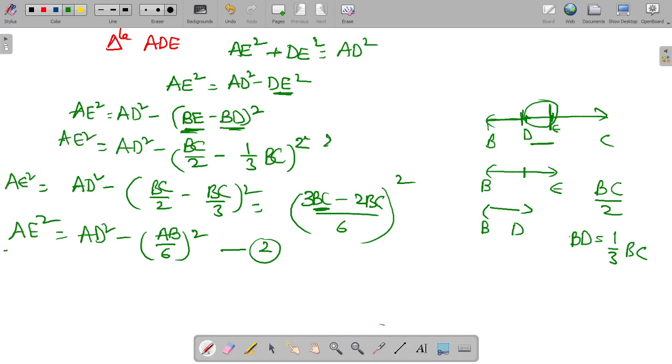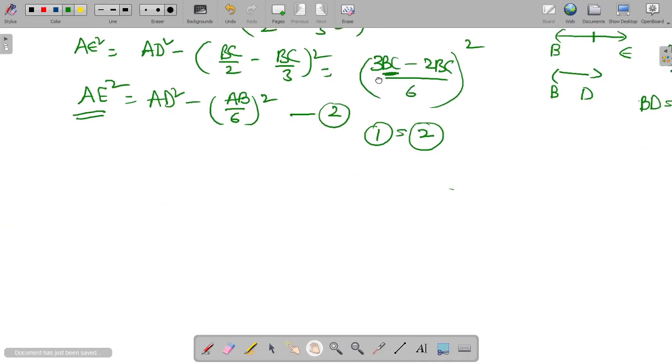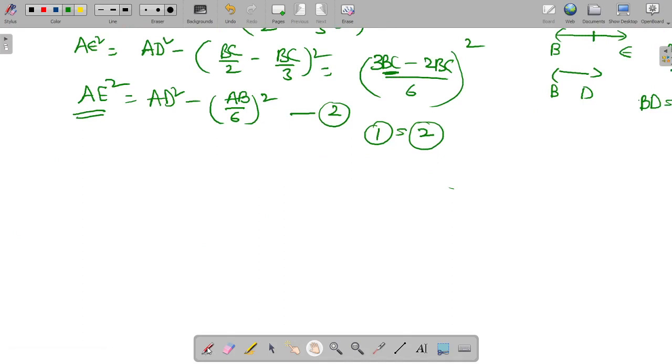After that, equate 1 and 2. Why? Because in both we got AE square. So AE square is equal to 3AB square by 4 from equation 1, and here AD square minus AB square by 36.